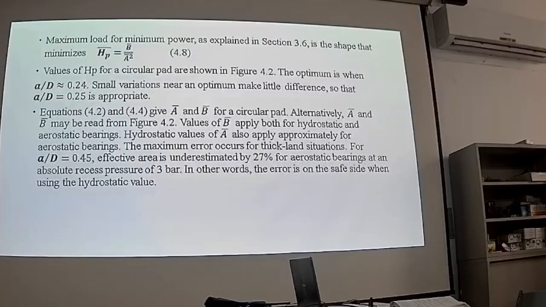It is because the optimum value for maximum load or minimum power for the circular bearing is equal to 0.24.